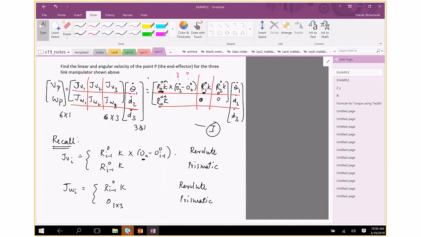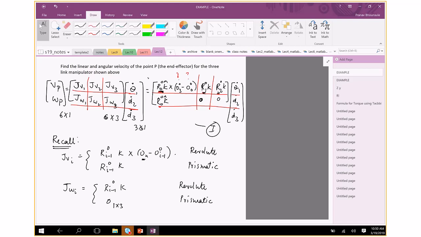We're trying to find JV1, J omega 1. We are only looking at revolute joints, so we are looking at this one and this one. The first row would have this formula because that's a revolute formula, and the second row would have J omega 1 for the revolute, so it will be that formula.